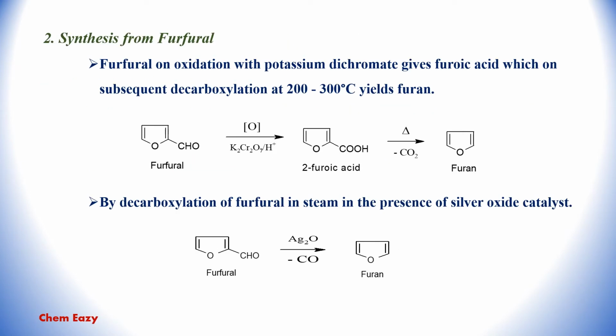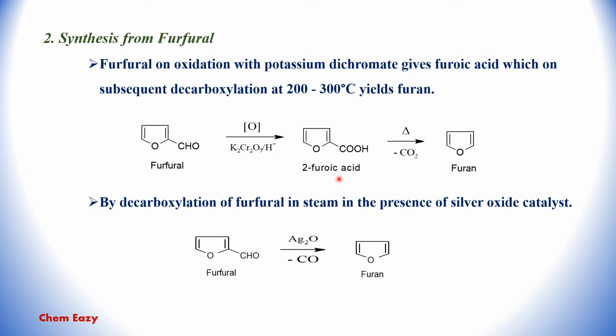In the second method, we can synthesize furan from furfural. In the furfural structure, the second position has an aldehyde group. It means furan in which the second position consists of an aldehyde group, which is oxidized to a carboxyl group with the help of potassium dichromate. It means furfural on oxidation with potassium dichromate produces furoic acid.